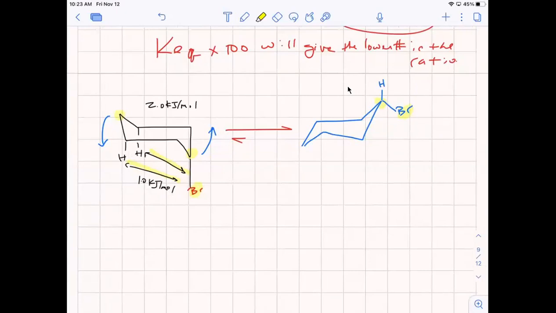Okay. So where each 1,3 diaxial interaction costs 1 kilojoule per mole for a total of 2 kilojoules per mole for that conformation, the ring flip is relatively zero. So it doesn't cost you anything for bromine to be equatorial.